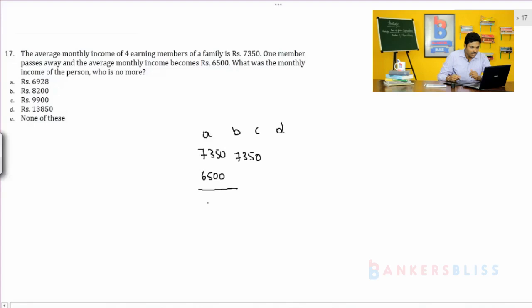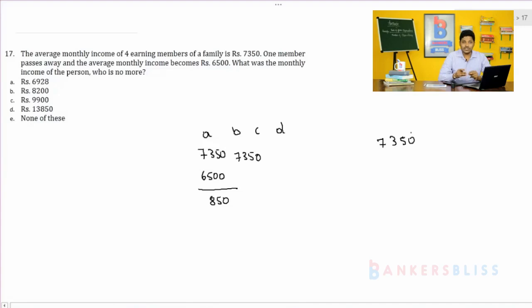So the difference amount is 850. When the person was in the group, the average was 7,350. When the person passes away, the average of the other 3 persons is reduced to 6,500.